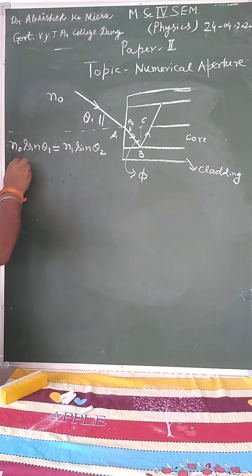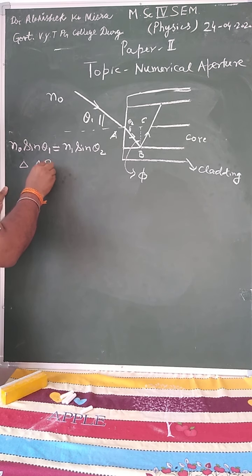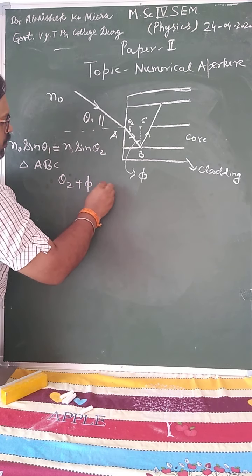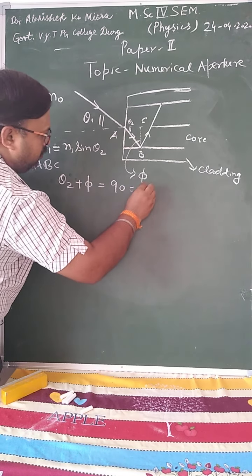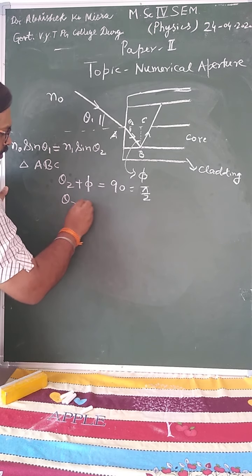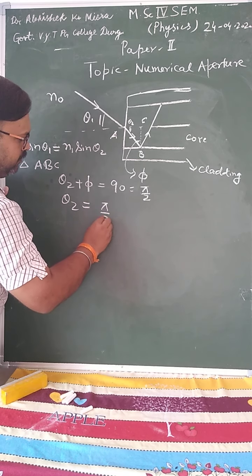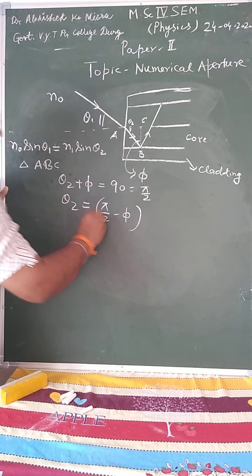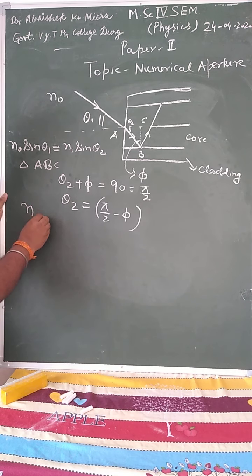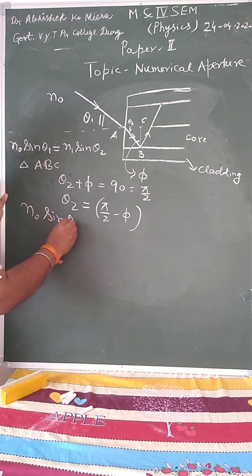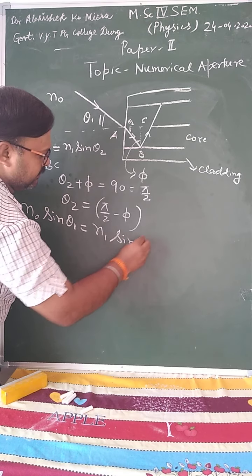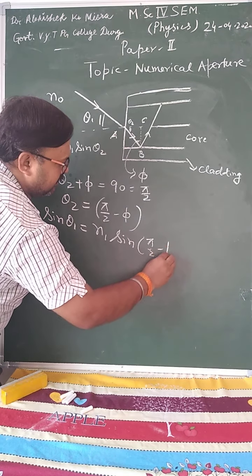From triangle ABC, θ2 plus phi equals 90 degrees, that is pi by 2. So, the value of θ2 can be pi by 2 minus phi. Putting this value in this equation, we get N0 sin θ1 equals N1 sin (pi by 2 minus phi).